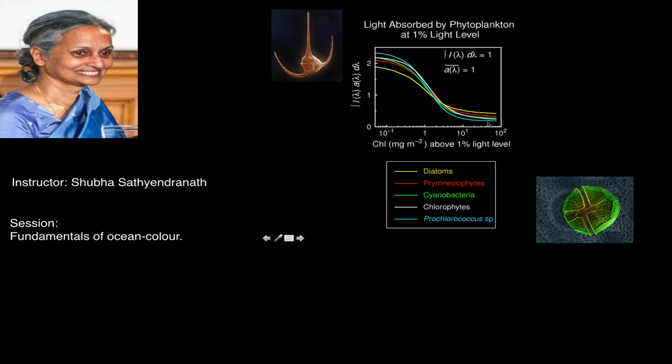But as you go towards more eutrophic waters, diatoms do relatively better. They all absorb less efficiently in eutrophic waters, but diatoms do relatively better. So it's a possibility that the spectral correspondence between available light and the absorption spectra might have an influence on which type of phytoplankton might thrive in which colored water.